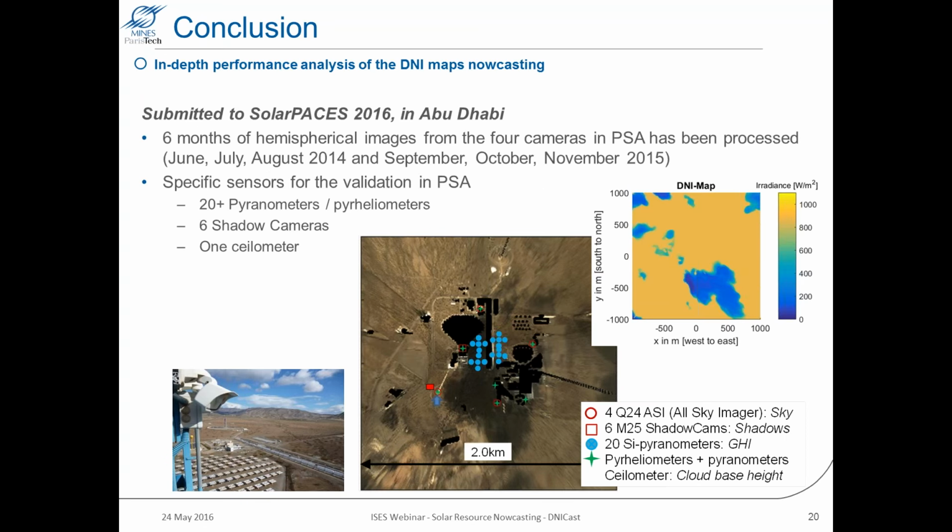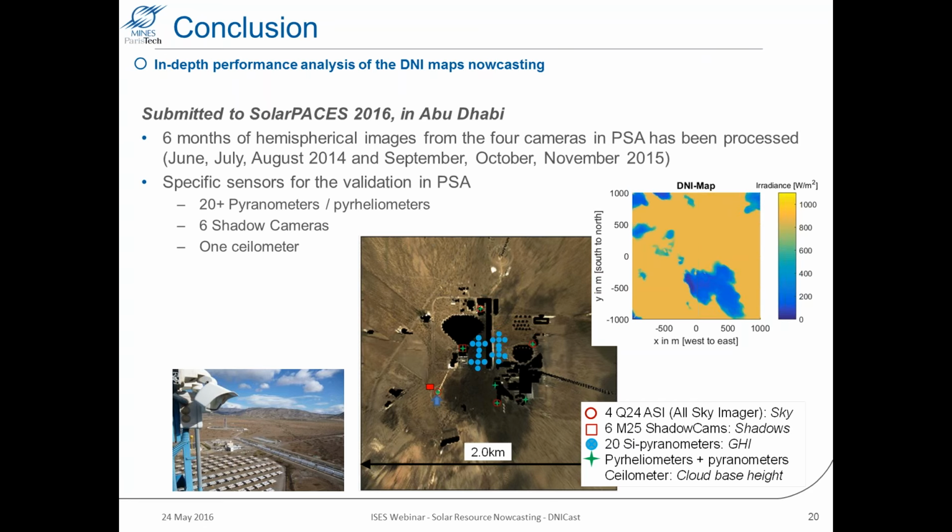We have submitted to SolarPACES in Abu Dhabi an in-depth performance analysis of this DNI maps nowcasting based on more than 6 months of images: June, July, and August for the winter, and September, October, and November for the summer season.